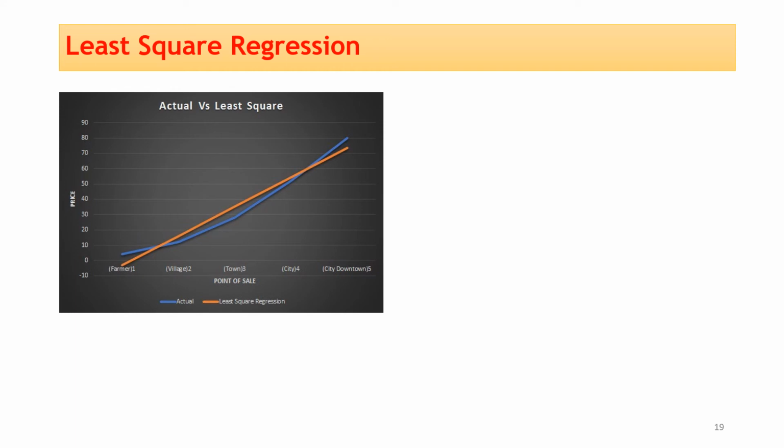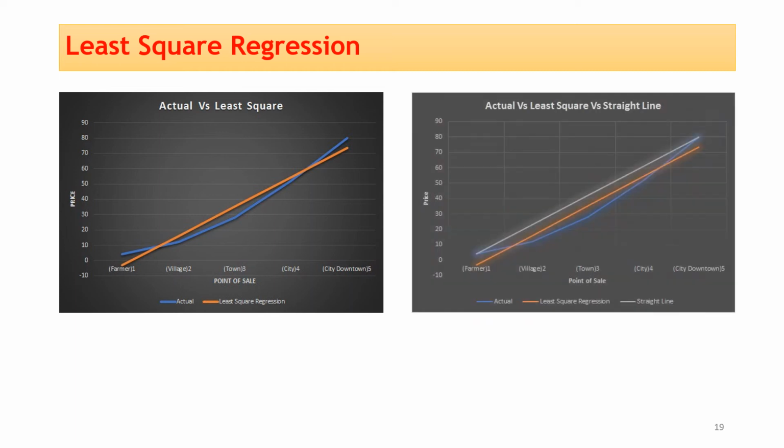Now this graph shows the actual versus the least square regression. In this graph, the orange line indicates our least square regression, while the blue line indicates our actual data, meaning the actual point of sale versus price data. The second graph shows the three comparisons: our actual values, the values as per the straight line equation, that is y equals mx plus c, and the least square regression.